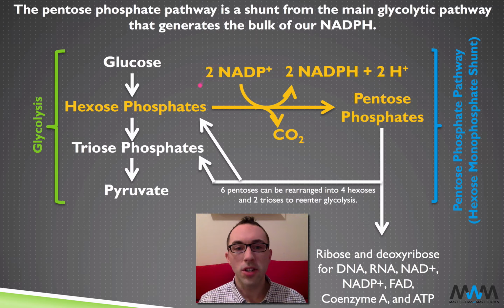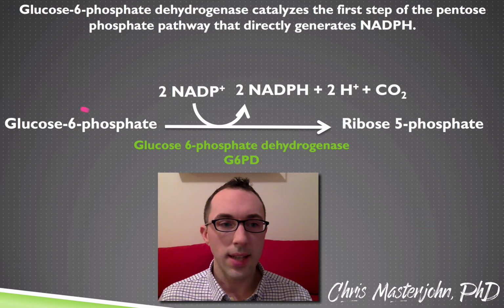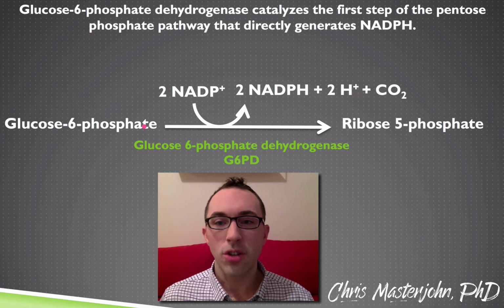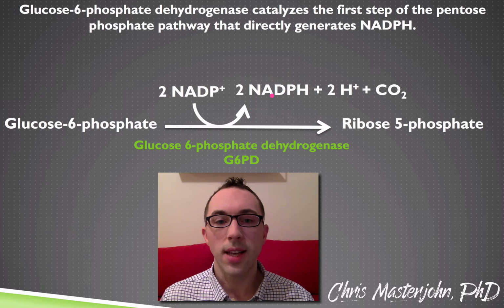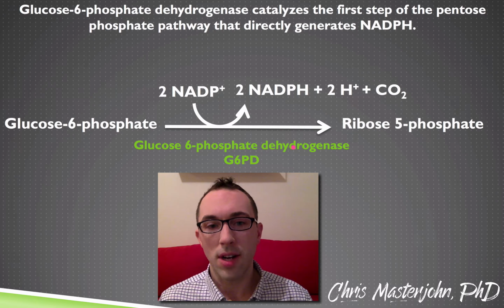The first thing we're going to do is zero in on this first step where we actually make the NADPH when we go from hexose phosphates to pentose phosphates. This first step in the pathway is actually taking glucose 6-phosphate and turning it into ribose 5-phosphate, making NADPH in the process, and the enzyme that catalyzes that is called glucose 6-phosphate dehydrogenase.